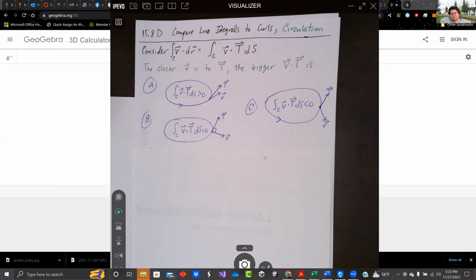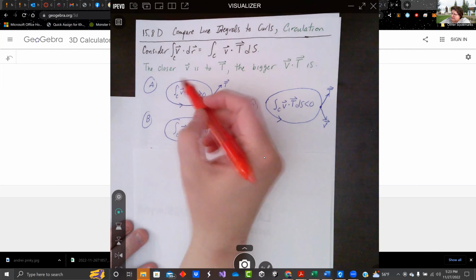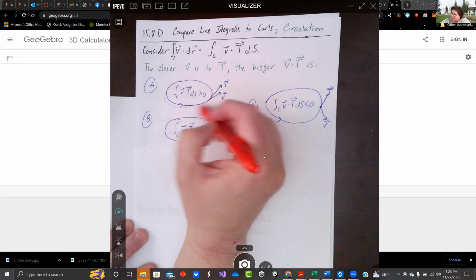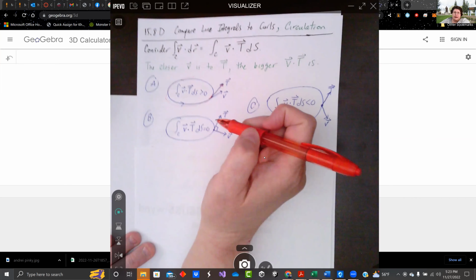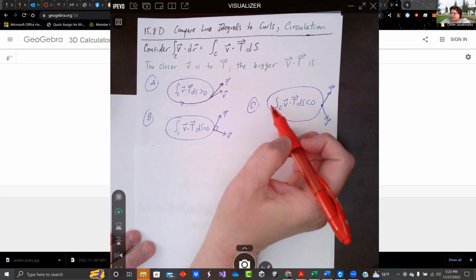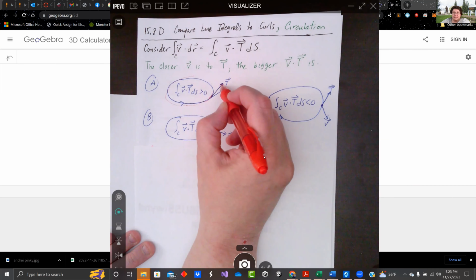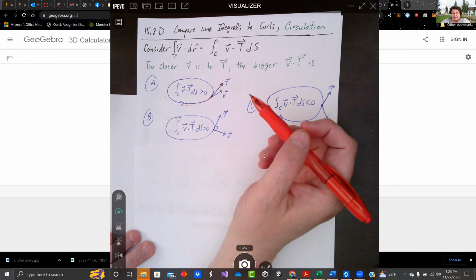And recall we were doing F dot dr, which was the same as F dotted with T, the tangential component. So anywhere we're going around this closed loop C, we've got some tangential component. If we're dotting it with V, the closer V is to being in the same direction as T, the bigger V dot T is.